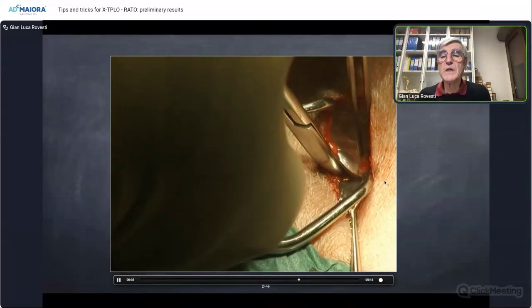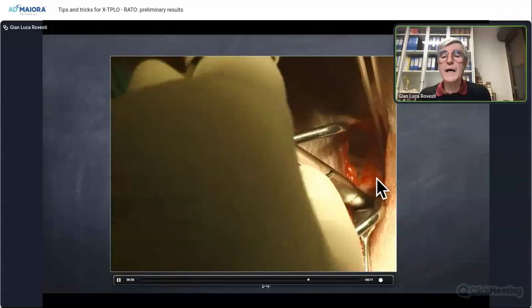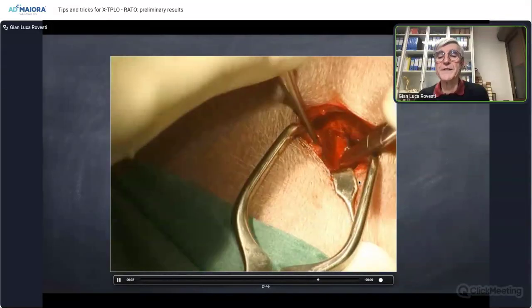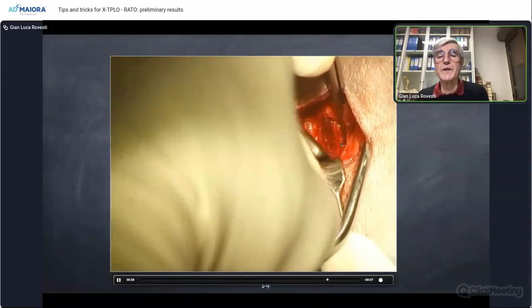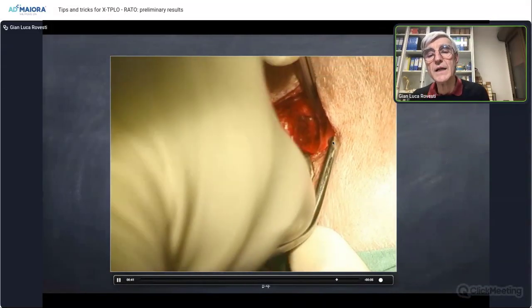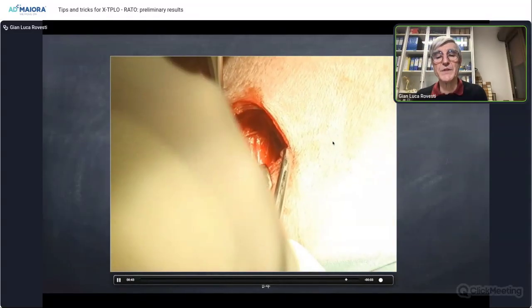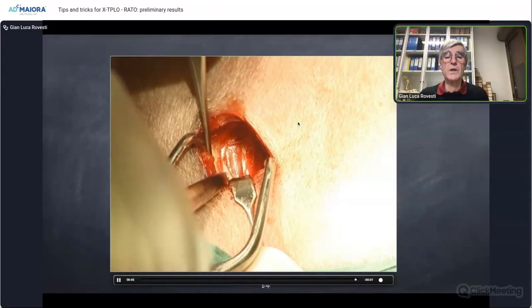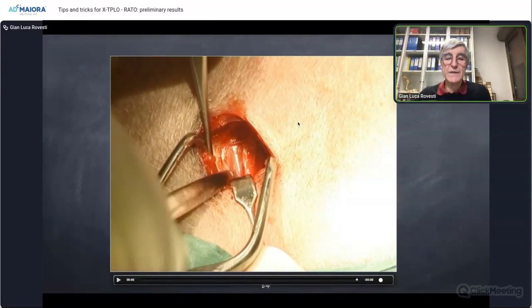You can see the tendon that is severed here, and once it is completely severed, the muscle will slip upward, and the assistant will feel that the abduction of the limb is much easier, okay?